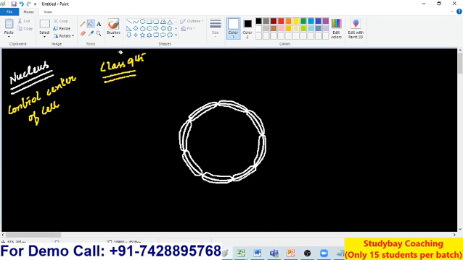Now see, this was actually discovered by Robert Brown in around 1831, right? So this is spherical, or you can say oval in shape, and it has projected structures over here.